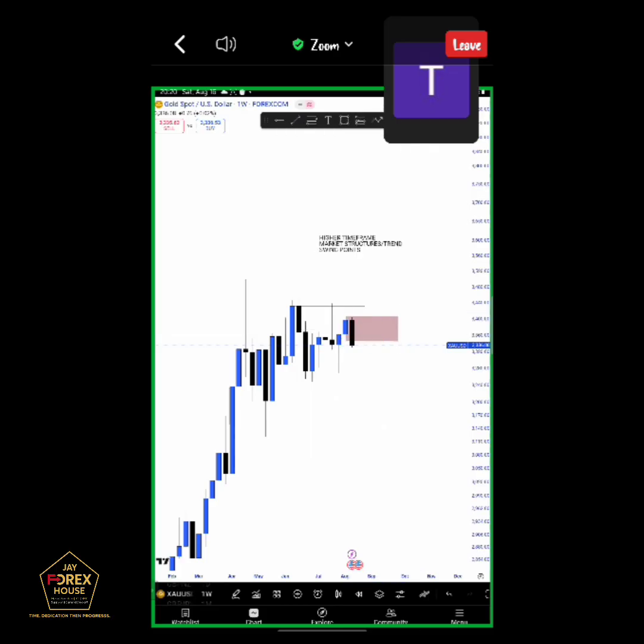What makes you call that your order block? Because it's the last candle before the impulsive move. Okay. Downward. It's the last bullish candle before the impulsive move downward. So it's a bearish order block. Sharp. That means another order was placed there that caused that reaction. So that's a bearish order block.